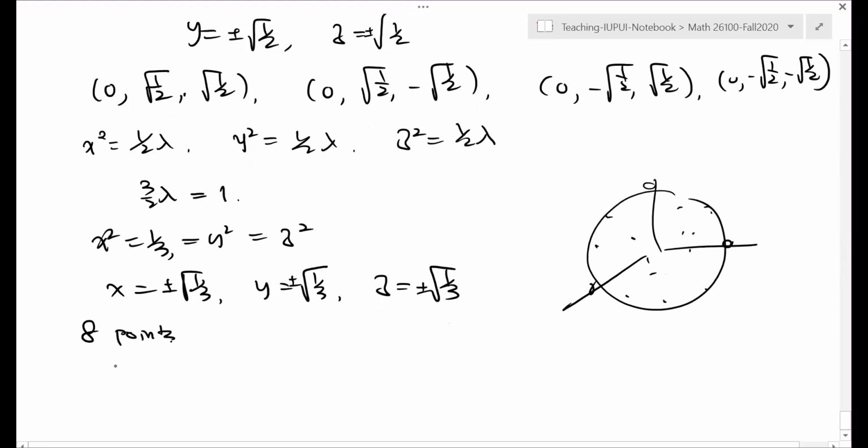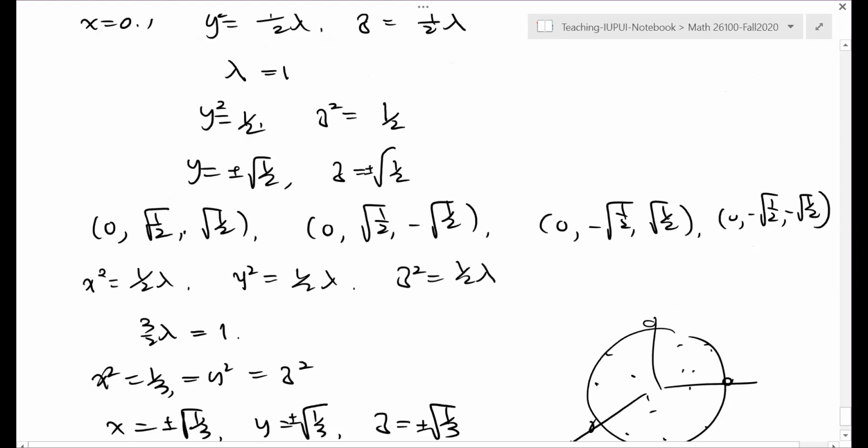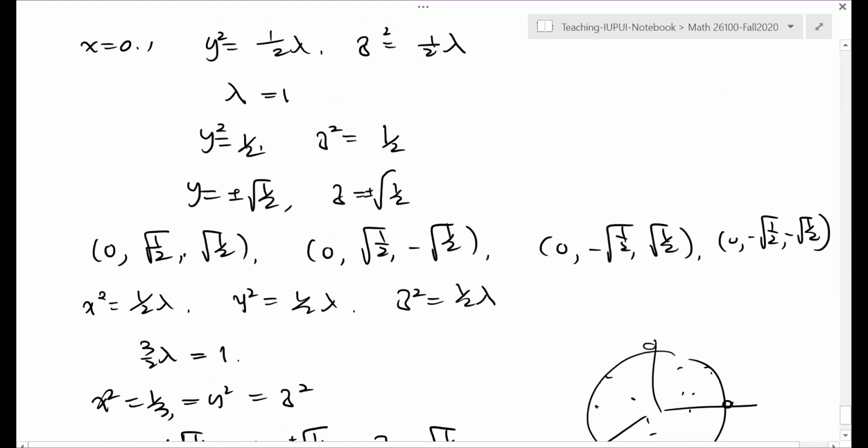So the value of the function at those points, plus minus square root of 1/3, is going to be square root of 1/3 to the 4th power, and I have 3 terms here. So you just need to look at this one, and then for the top one here, you look at the value.